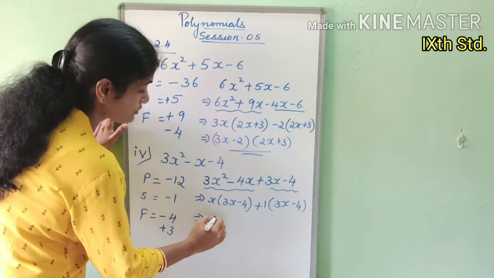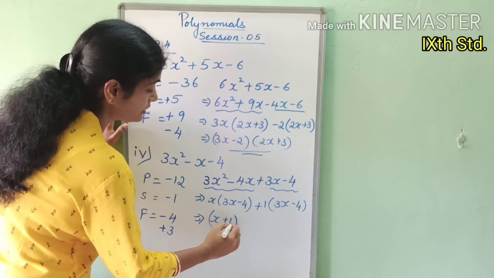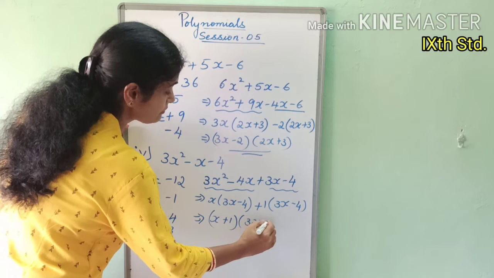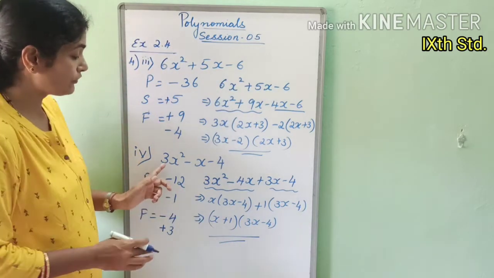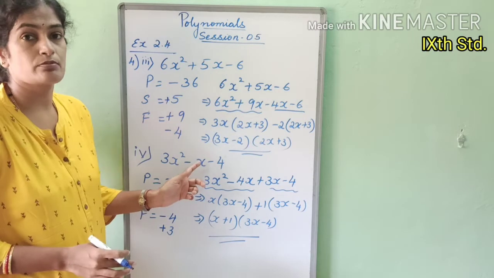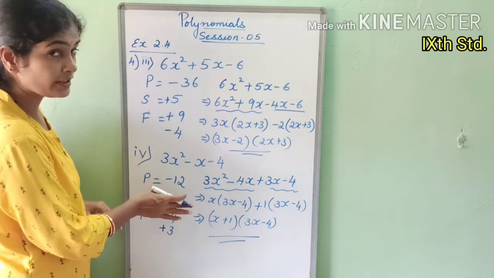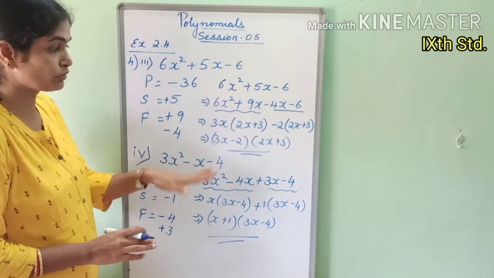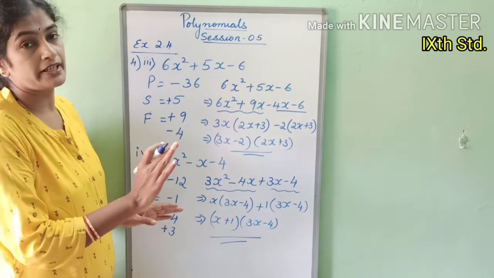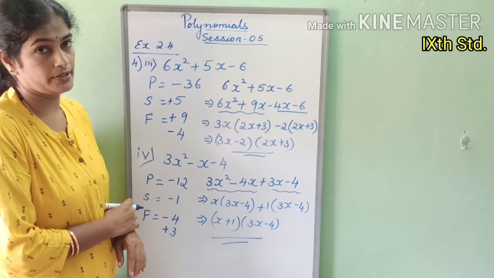So this leads to x plus 1 into 3x minus 4. These are the factors of 3x square minus x minus 4. Till here we have done the factorization of quadratic polynomials. Fourth question is completely the factorization of quadratic polynomials.